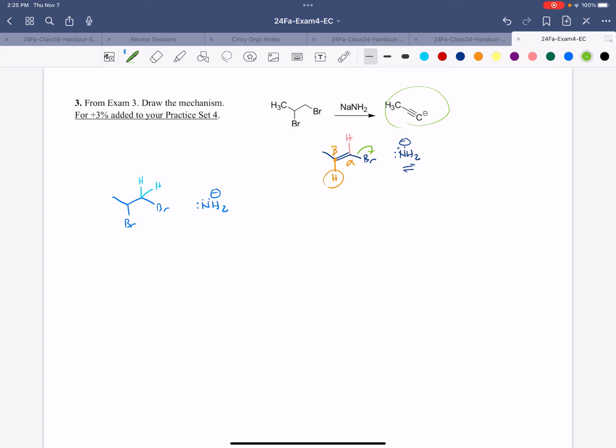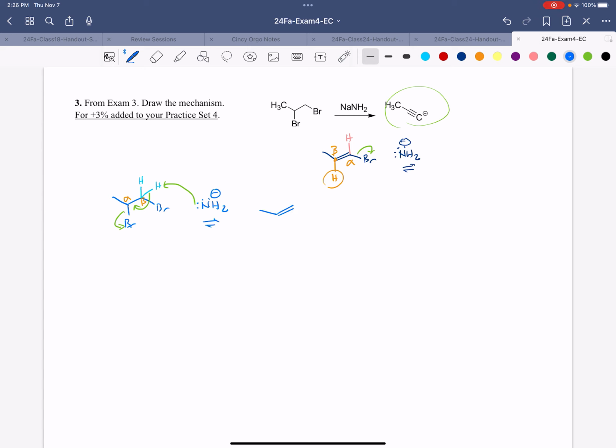And we remove this beta hydrogen to remove this bromine. So my alpha and beta are actually here. Whoops. And here. That takes care of one removal of H and Br.